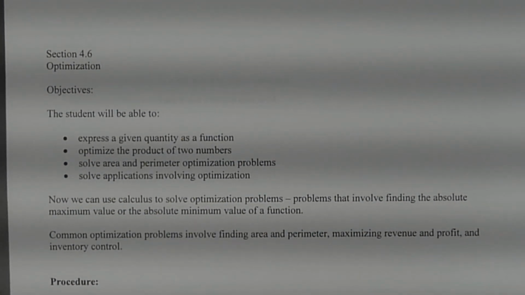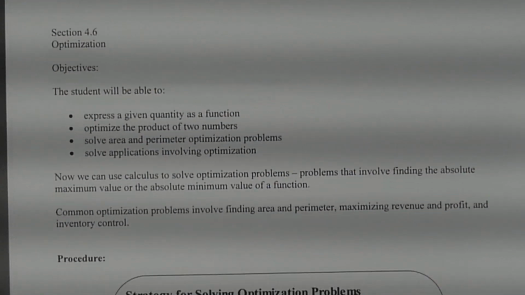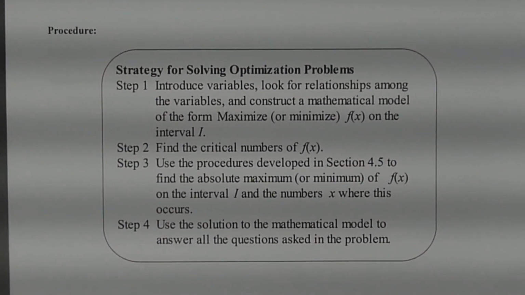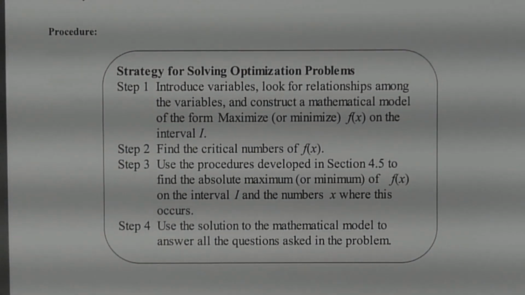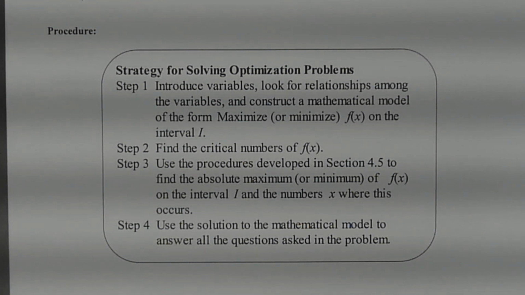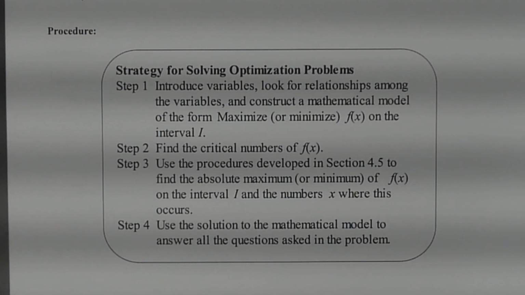Okay, so what I have here on the first page is just a procedure of solving optimization problems. Here's just a strategy of doing just that. Number one, you're going to introduce variables.